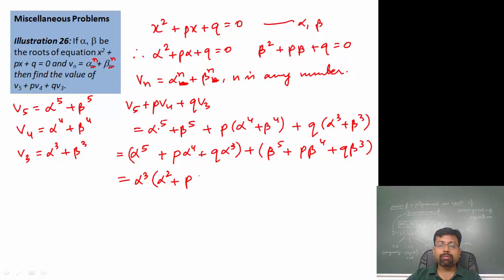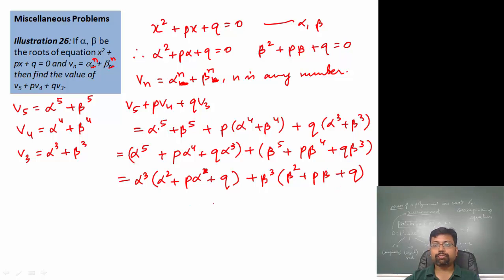So you get alpha square plus P alpha plus Q. And you have beta cube as common here. So you have beta square plus P beta plus Q.